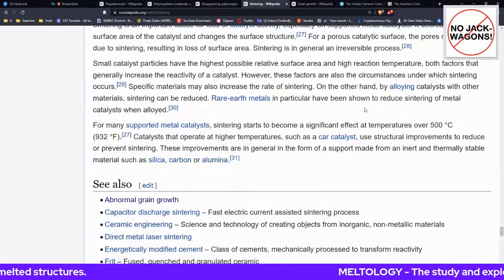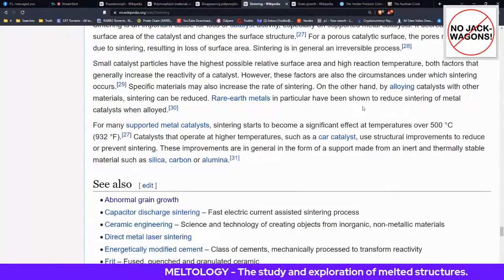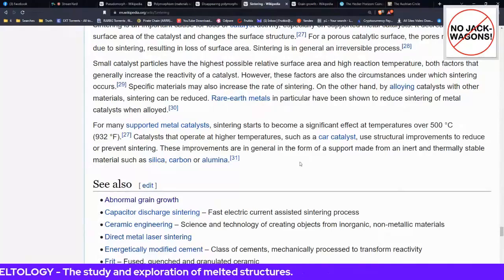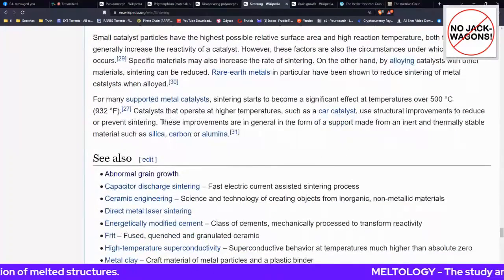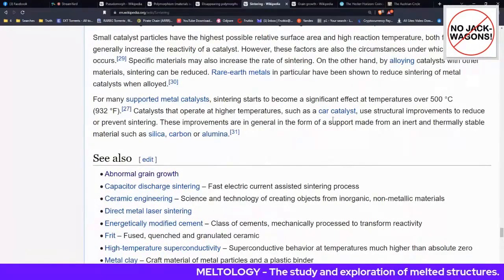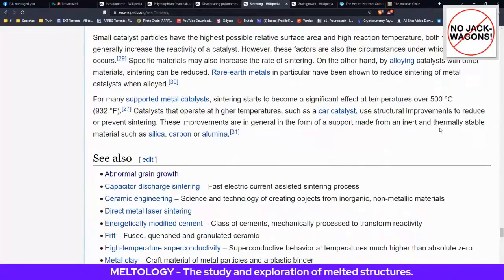So we have all these different transitional phases. Exactly. In some places we see that, like in Pompeii, in one wall you can see 3 different transitions going on. Yes.